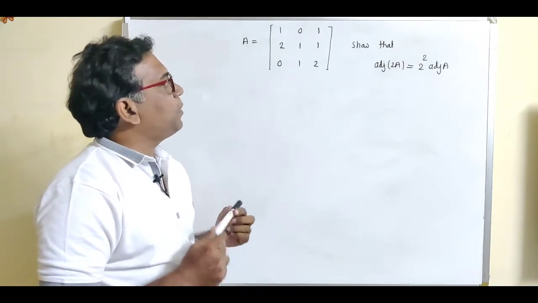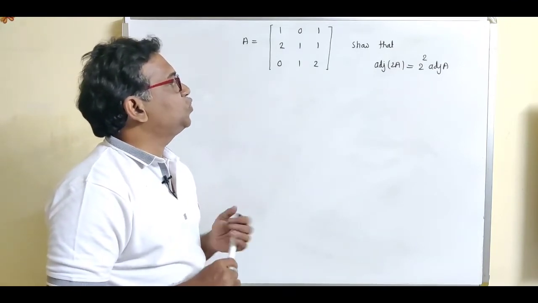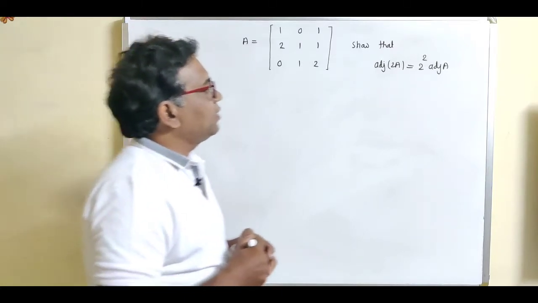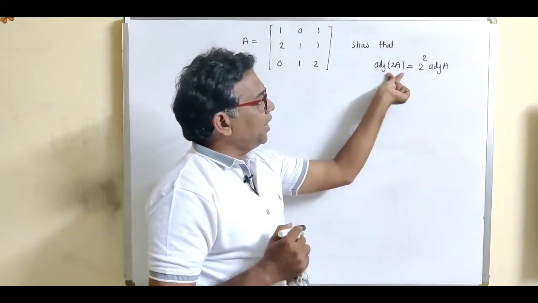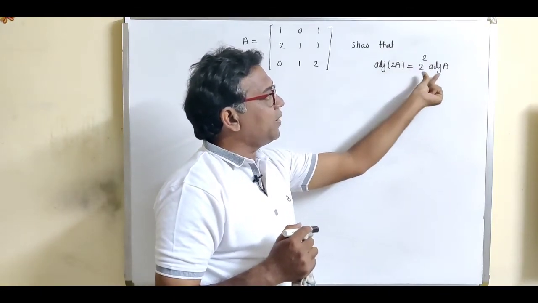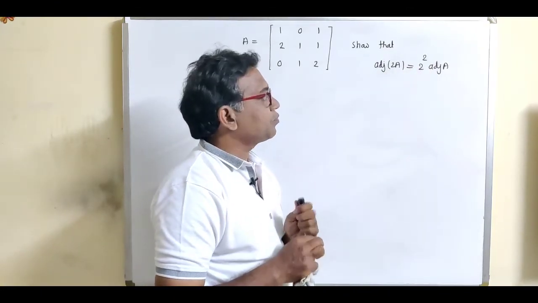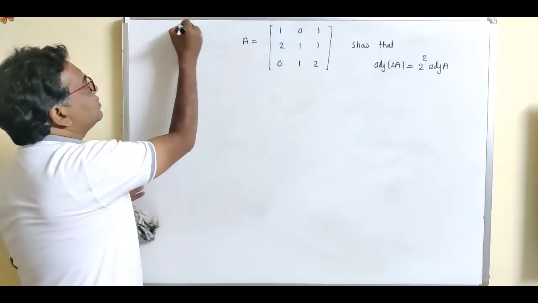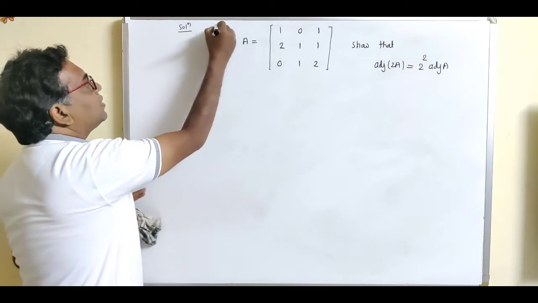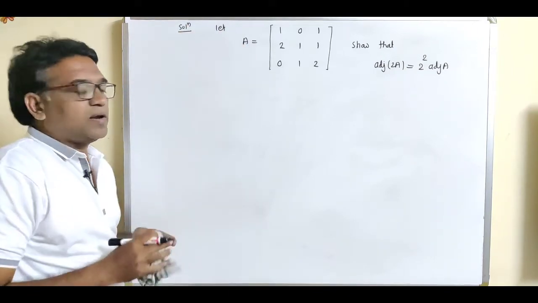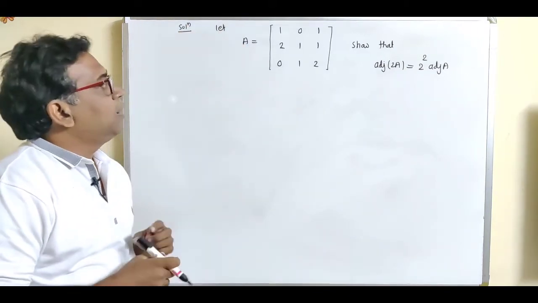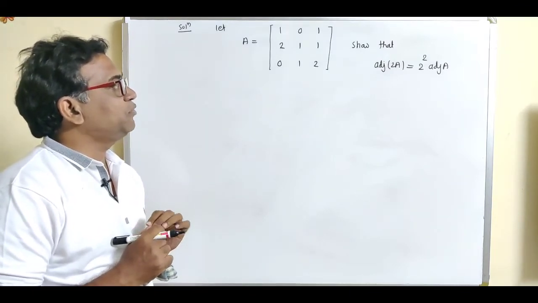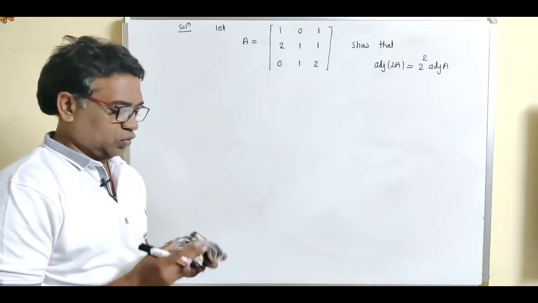If A is equal to the matrix 1 0 1, 2 1 1, 0 1 2, then the question is, show that adjoint of 2A is equal to 2 square into adjoint of A. Now this is the solution and this is the given matrix. So write down the given matrix. Let A be equal to the matrix 1 0 1, 2 1 1, 0 1 2.